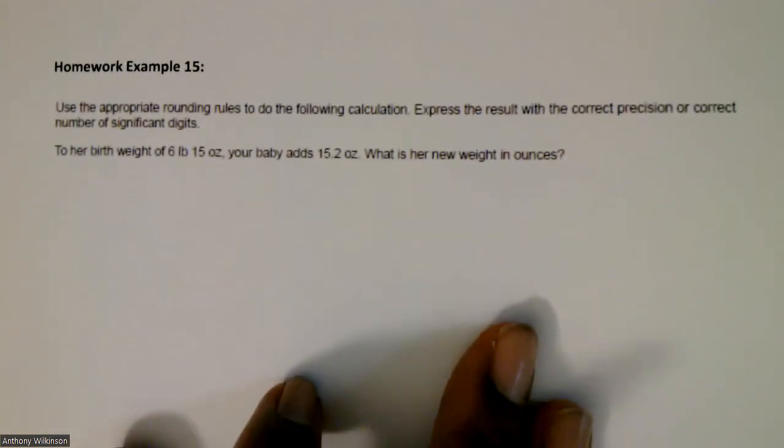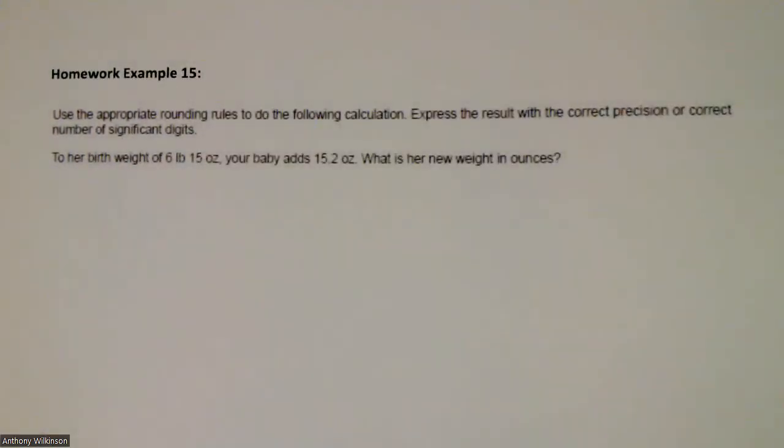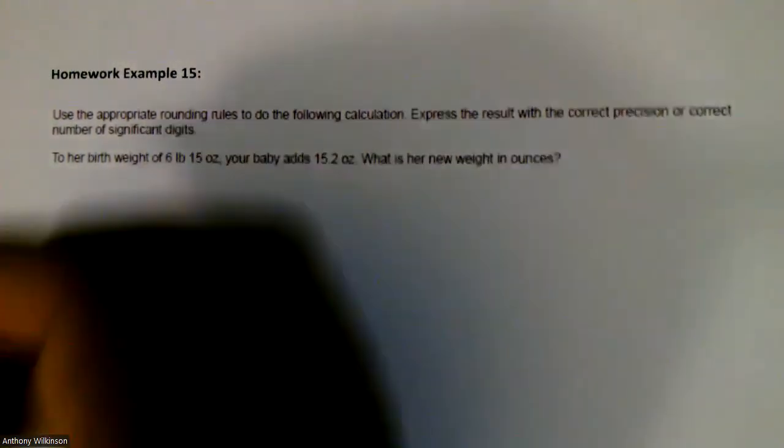And finally, example 15. Her birth weight is 6 pounds, 15 ounces. Your baby adds 15.2 ounces. What is her new weight in ounces? Well, we need to convert 6 pounds, 15 ounces to ounces.